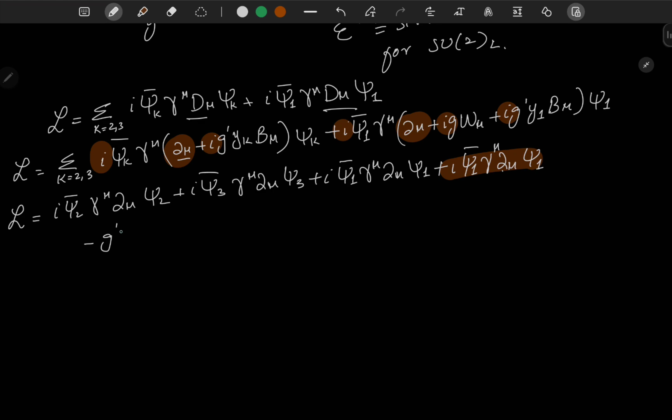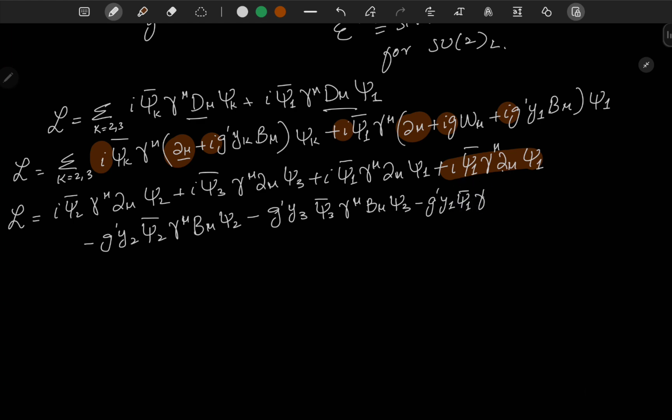Minus g prime y2 psi2 gamma mu b mu psi2, minus g prime y3 psi3 gamma mu b mu psi3, minus g prime y1 psi1 bar gamma mu b mu psi1, minus g psi1 bar gamma mu w mu psi1.